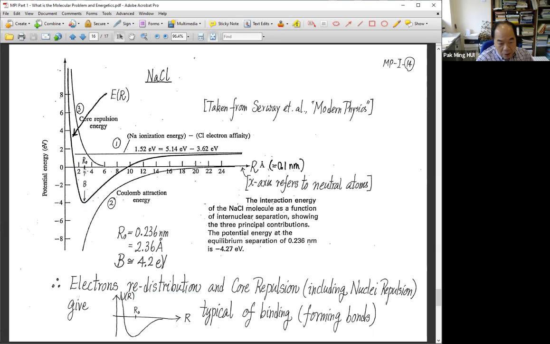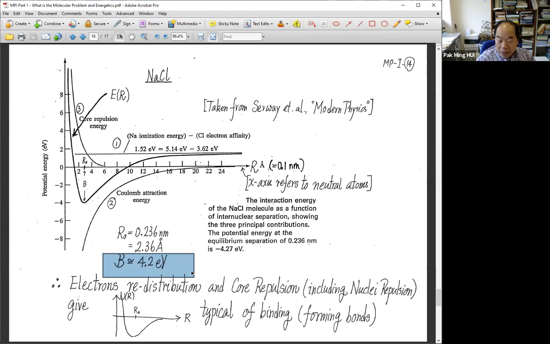Second point, you can read out the depth. Now be careful, 0 is the energy of far apart neutral atoms. That is our reference energy. It is not this higher horizontal line, which refers to two well-separated ions. That is not our reference. So the reference is 0. So read out this, that will be the binding energy, about 4 eV.